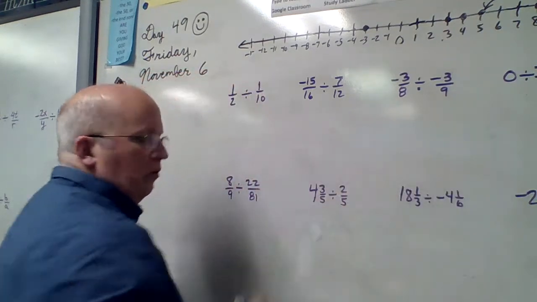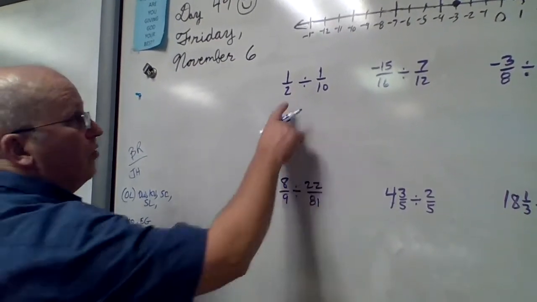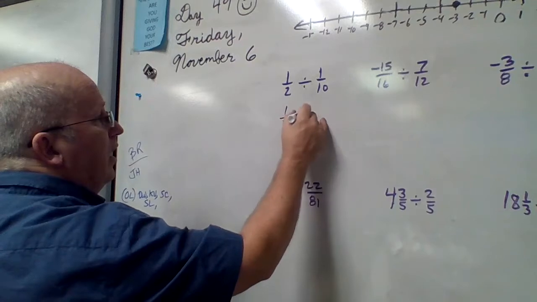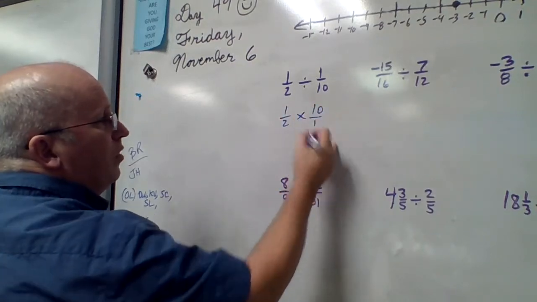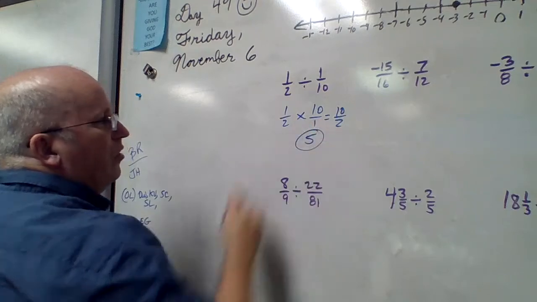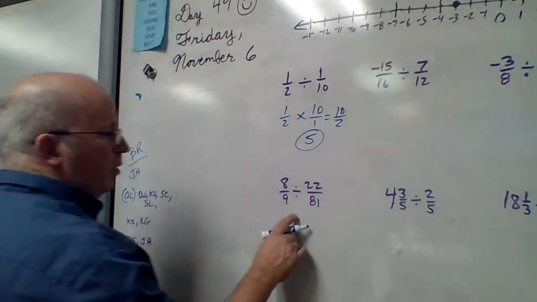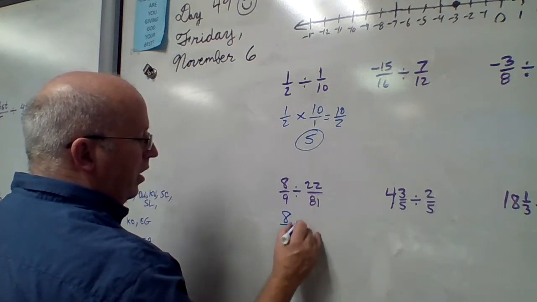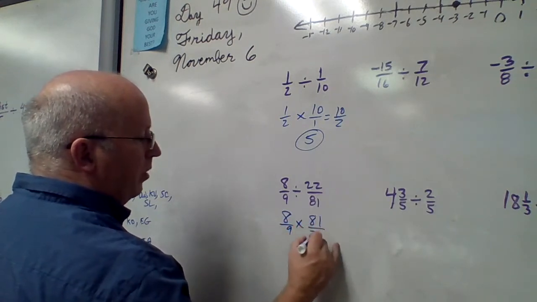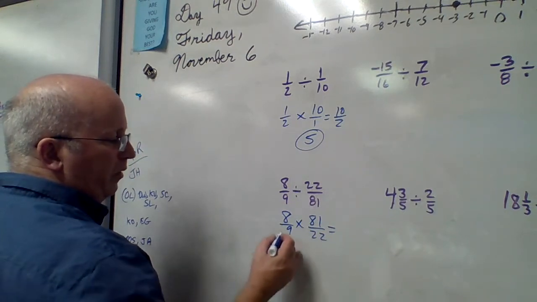Okay, let's start using this to solve some math problems. How would I solve this first one right here? To divide, I multiply by the reciprocal of the second number, and I get 10/2, which is the number 5. Right? Let's do this bottom one. To divide, I multiply by the reciprocal of the second number. Ooh, you know what? I'm going to do some simplifying.